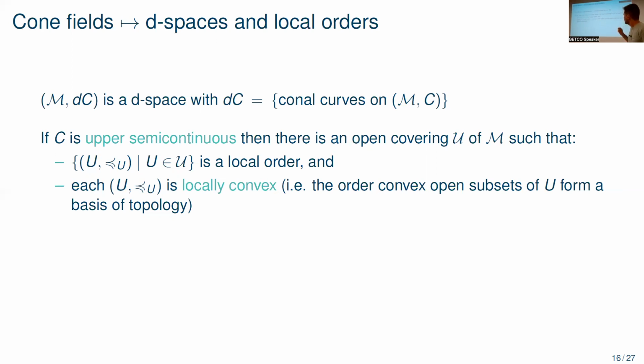Okay, so if you are given a conal manifold, then you will say that the directed paths will be the conal curves, and the manifold with the conal curves will give you a d-space. So it's very easy to obtain a d-space from a conal manifold, just by considering the time-like curves.